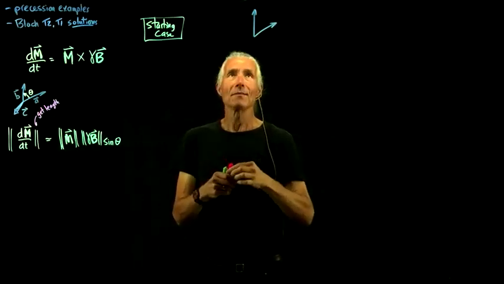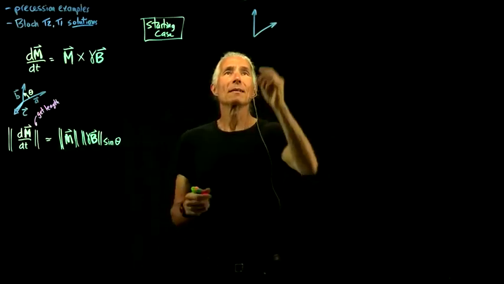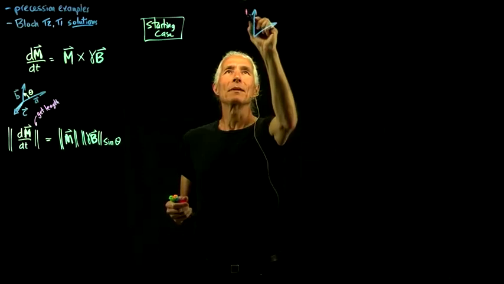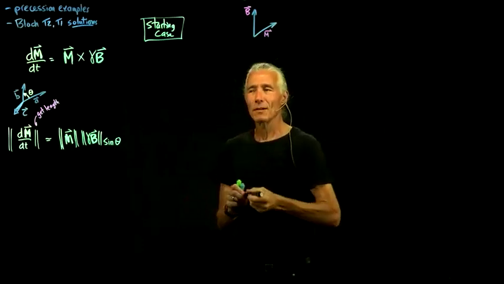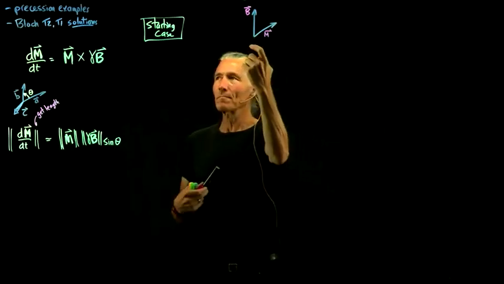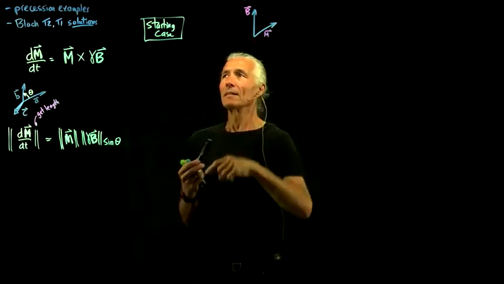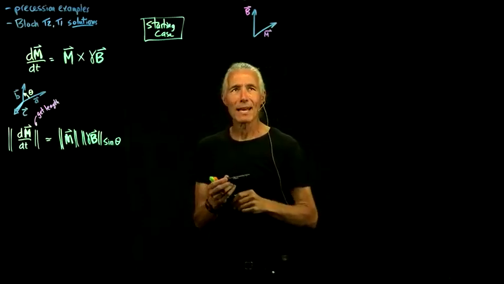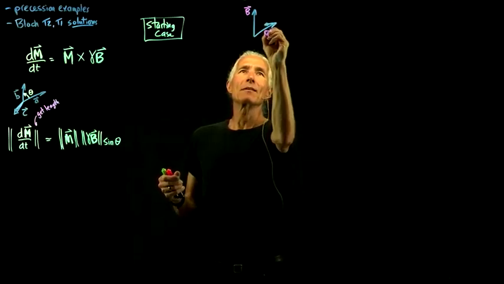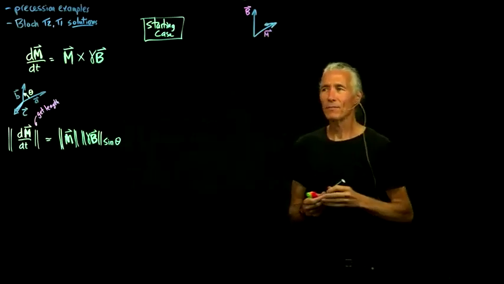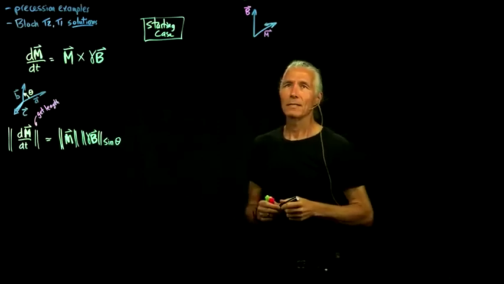So this guy is the B. That guy is the M. And then when we take the cross product, we get something that basically comes out. And then we paste it onto the end of the M vector to figure out how to change the M vector.